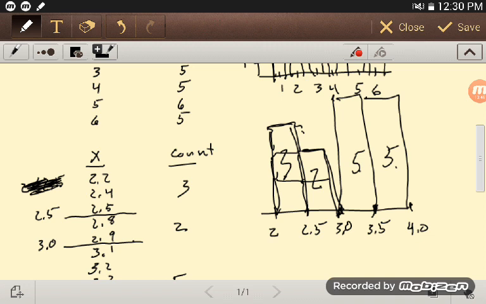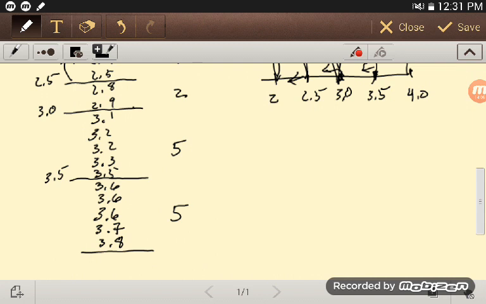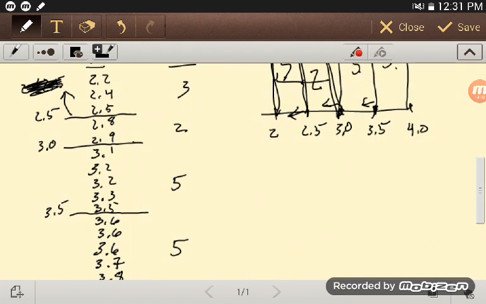And you have to be a little careful about the equality part. Here the 2.5 was in the left-hand side. The 2.5 was included there, the 3 was included there, the 3.5 was included there, and so forth. Because notice, if I took those same numbers, 2.2, 2.4, but said at 2.5, I draw the line and I go to the right, then this would be 2.5, 2.8, 2.9.